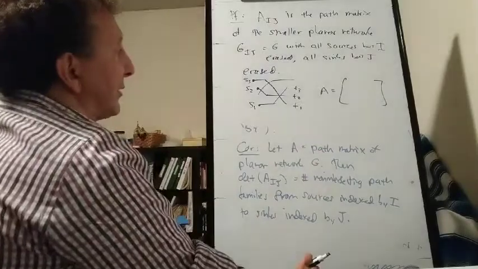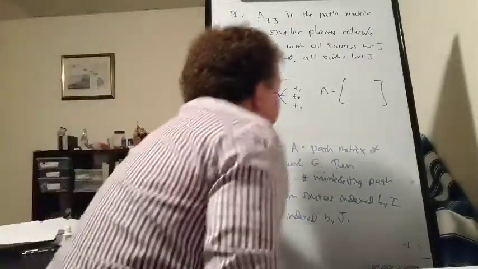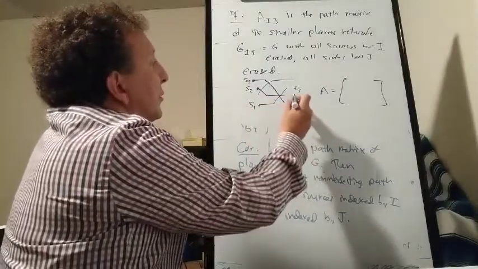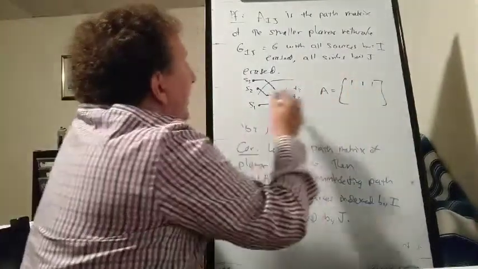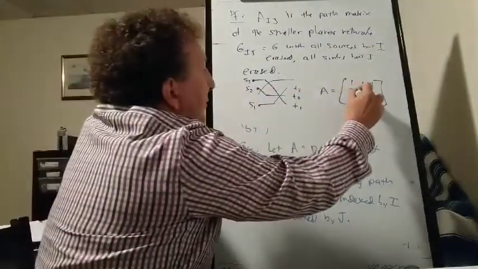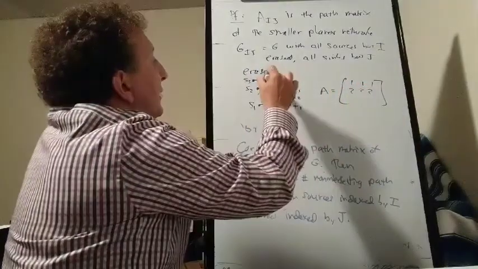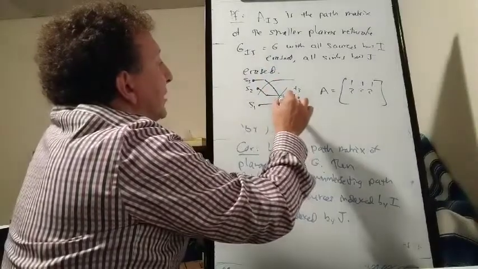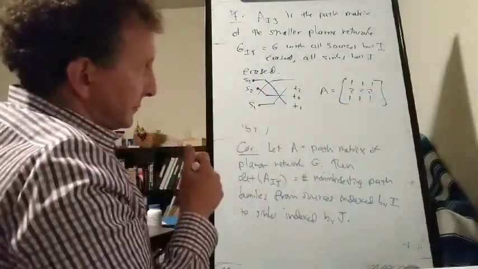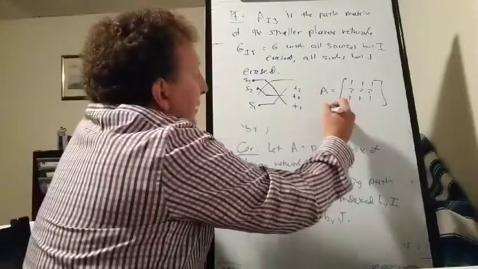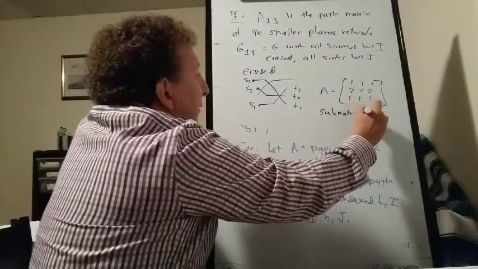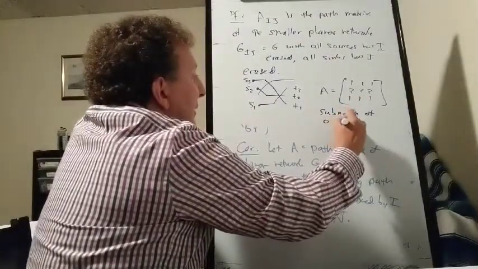And then the path matrix of this new planar network is going to be, let's see, from source 1 to sinks 1, 2, and 3 we have one path. From source 2 to sinks 1, 2, and 3 we've got two paths. And from source 3 to sinks 1, 2, and 3 we've got one path. So this is a submatrix of the original path matrix.